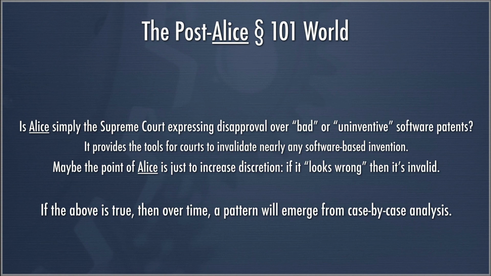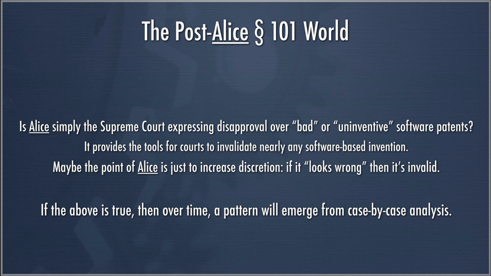Now, it might be that we'd be better off sticking with the 102, 103, 112 analysis for certainty and predictability, but the court may be deciding here that it needs to add more discretion to the system. This would be consistent with cases like KSR, where the point of KSR seemed to be to add more discretion to the decision makers.